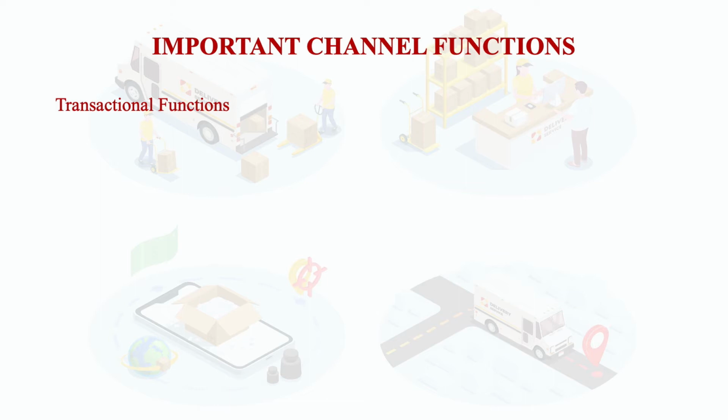Now let us quickly go through the important functions that channel members perform, and we can categorize them into three categories. The first category is that of transactional functions. These are functions related to the actual transaction of owning goods. So in order to be able to transfer the title to the consumer, the wholesalers and retailers will have to acquire the title from the manufacturer and then take it down the line.